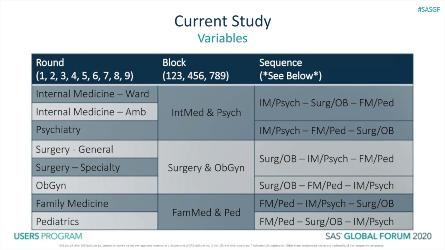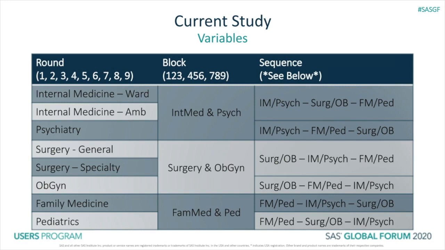For the propensity score, I needed to have them ordered. So what I did was I assumed, like I said, for this theoretical exploration, that ideally you would want surgery and obstetrics and gynecology to be in the last block because theoretically they may be the most complicated and benefit the most from having the other 2 blocks in front of it.